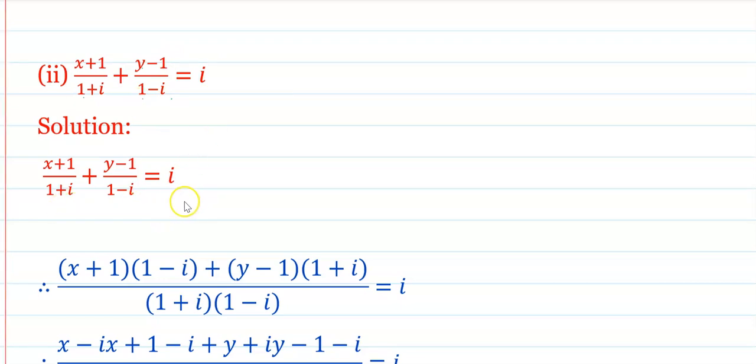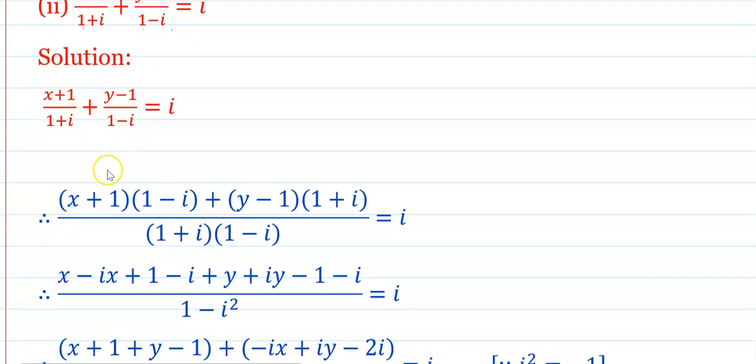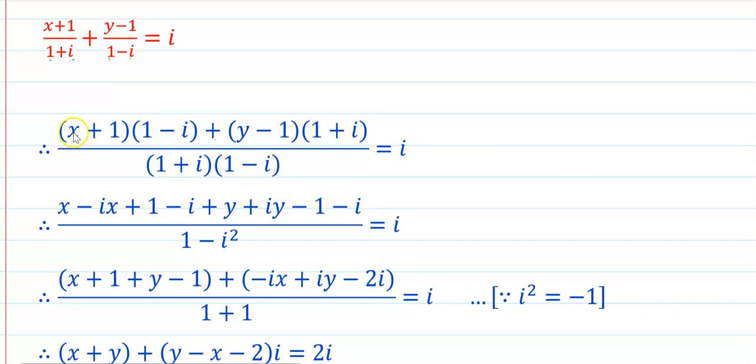Again the simplification. The cross multiplication. x plus 1 into 1 minus i plus y minus 1 into 1 plus i, upon the product of the denominators, 1 plus i into 1 minus i, is equal to i. Okay. Bracket multiplication. x into 1 is x, x into minus i is minus ix, 1 into minus i is minus i.